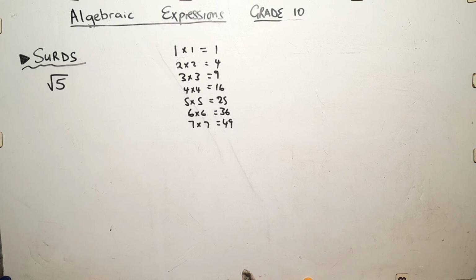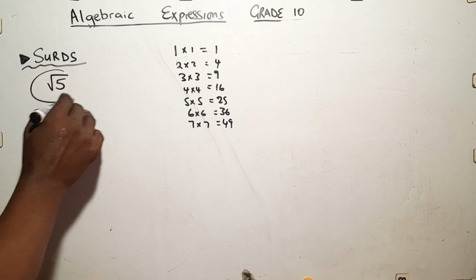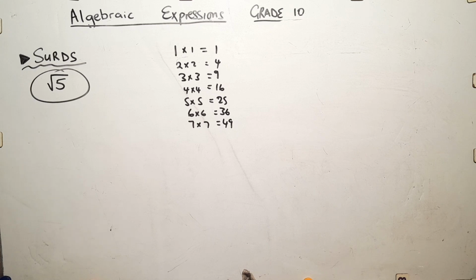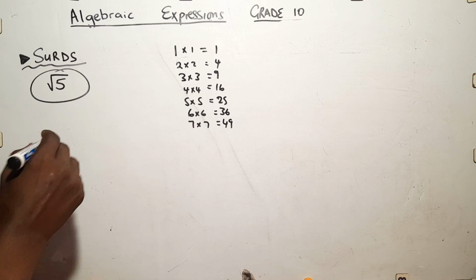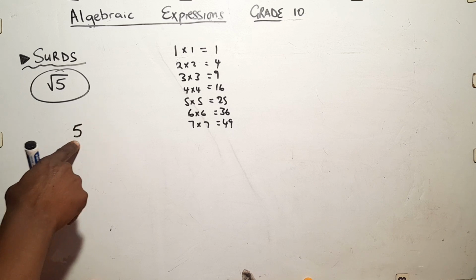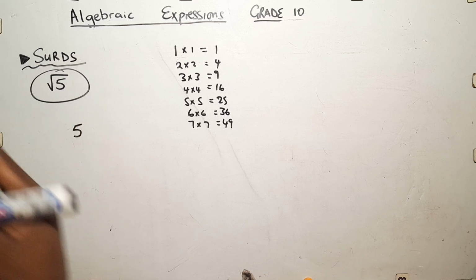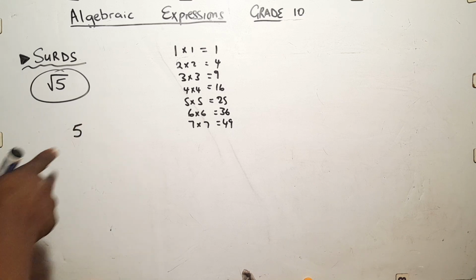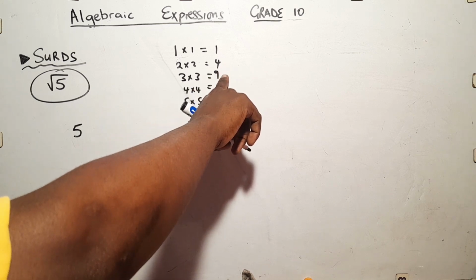So what do we do now, or what questions can you be asked based on this? They can ask you between which two integers the square root of 5 lies. You just have to ask yourself, 5 lies between which two perfect squares? 5 is between 4 and 9, you can see that.